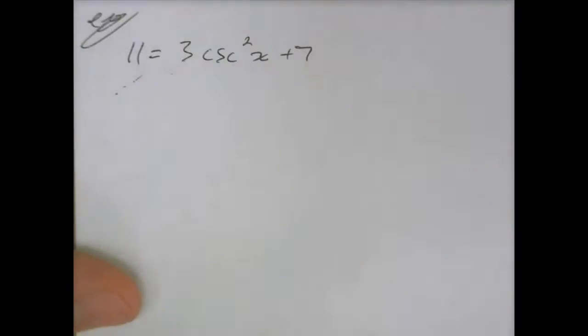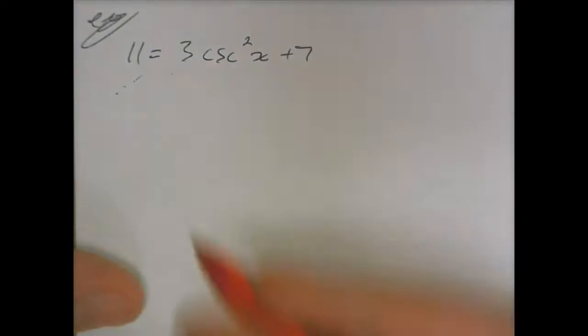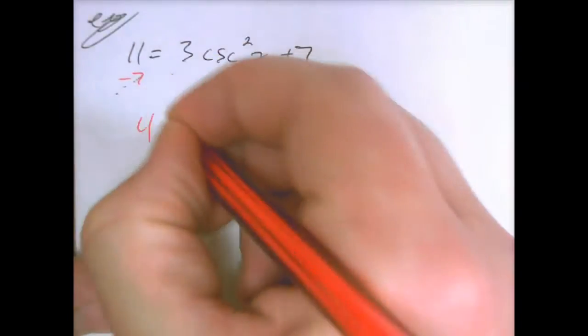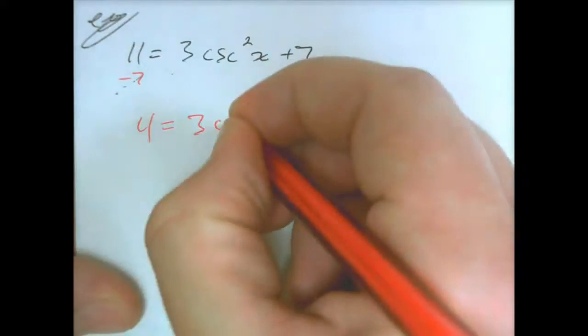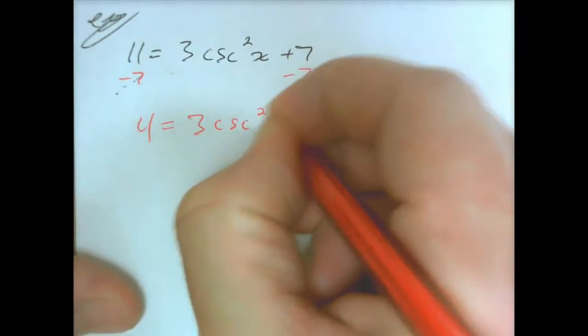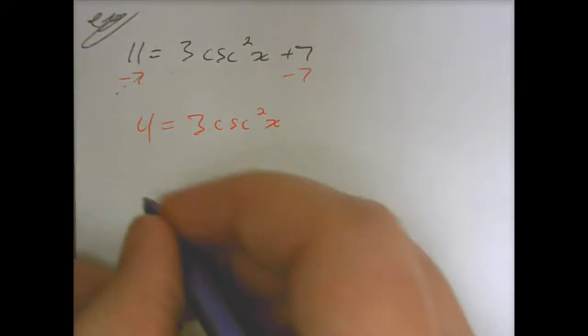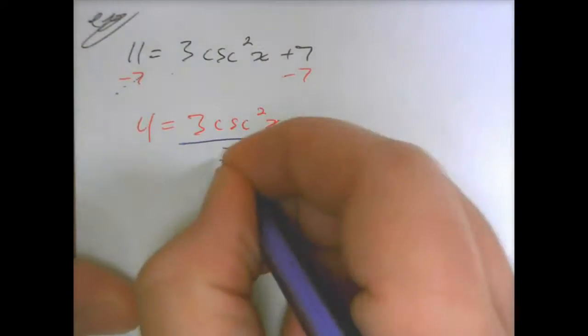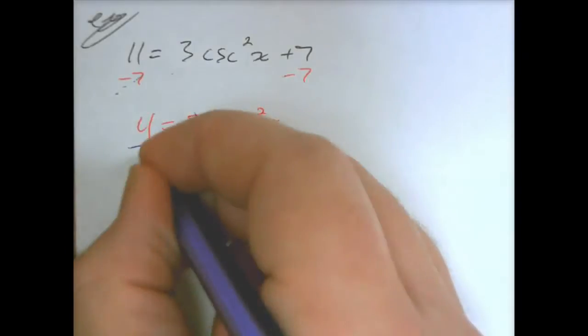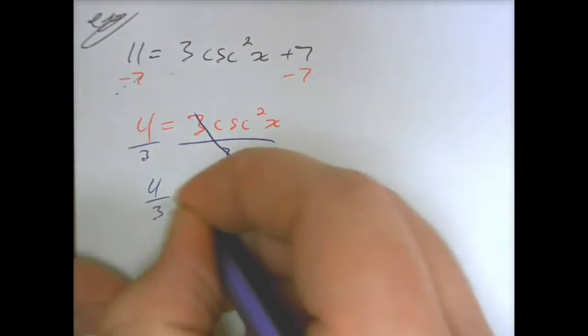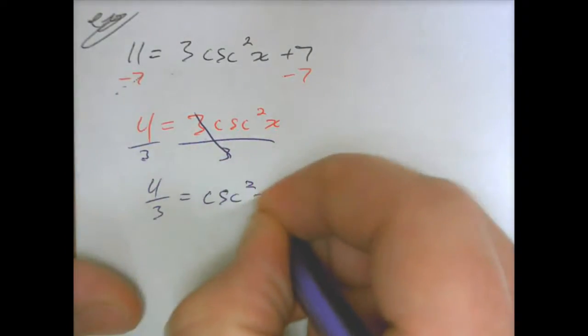Next. Subtract 7. 4 equals 3 cosecant squared x. Divide by 3. 4 over 3 equals cosecant squared x.